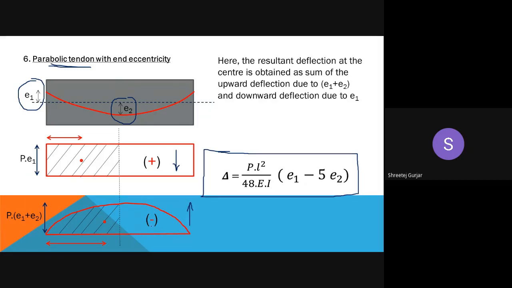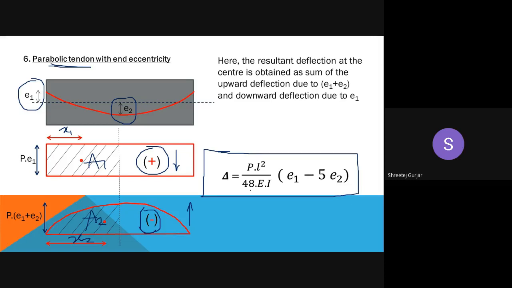So this is negative because it is upward deflection, and this is positive because it is downward deflection. This area I will consider as A1 with centroidal distance x1, and this area as A2 with centroidal distance x2. So A1 x1 plus A2 x2 divided by EI will give me this result.